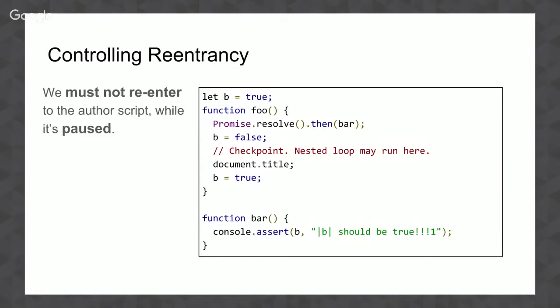But if we run a nested loop around here, the assertion may be hit. That is a semantics breakage. So we have to control the reentrancy, and we must not re-enter the author script while it is paused.